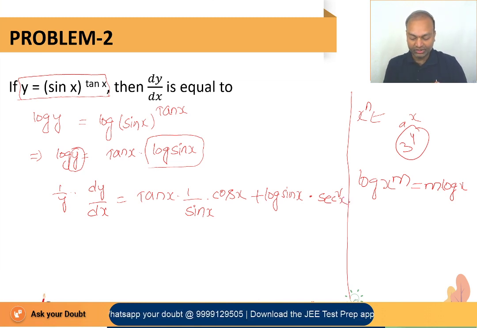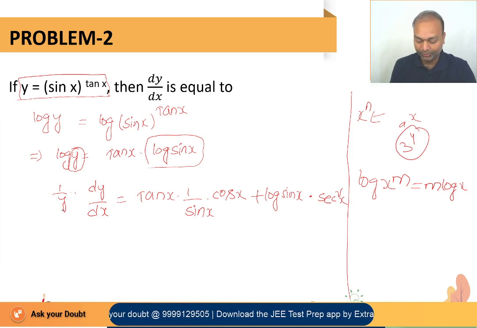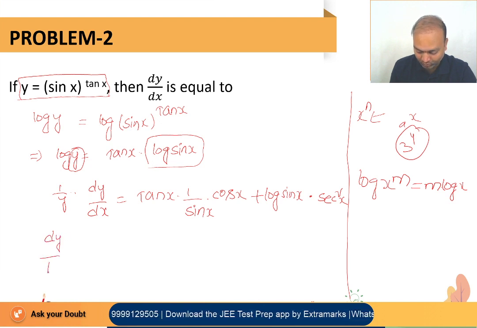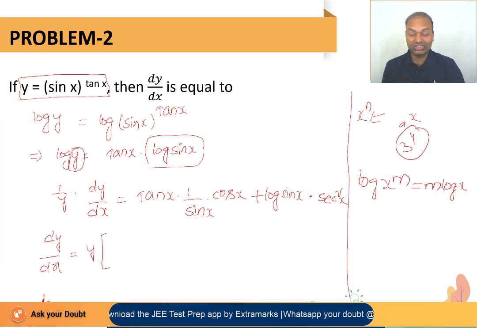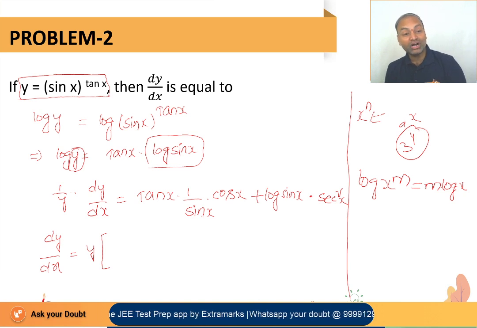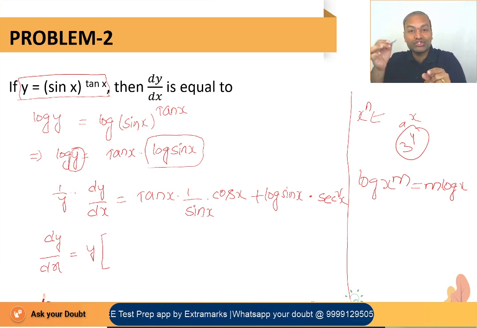Now simplification. Actually find dy by dx. So this y shifts to that side. So dy by dx is equal to y into, see here, cos by sine. Cos by sine is what? Cot. Tan x into cot x, answer is 1.